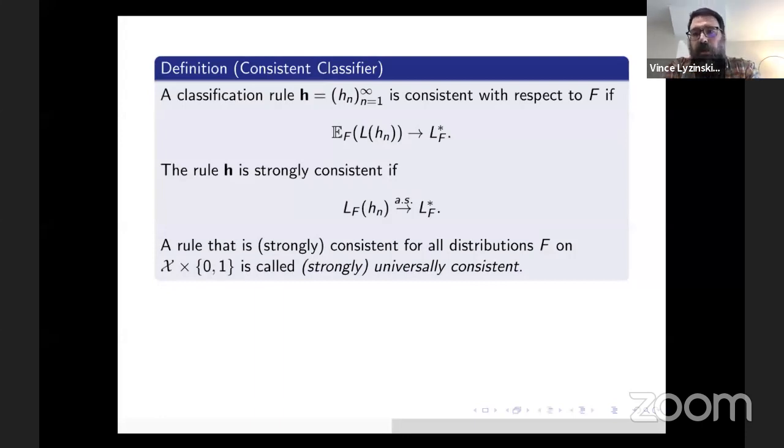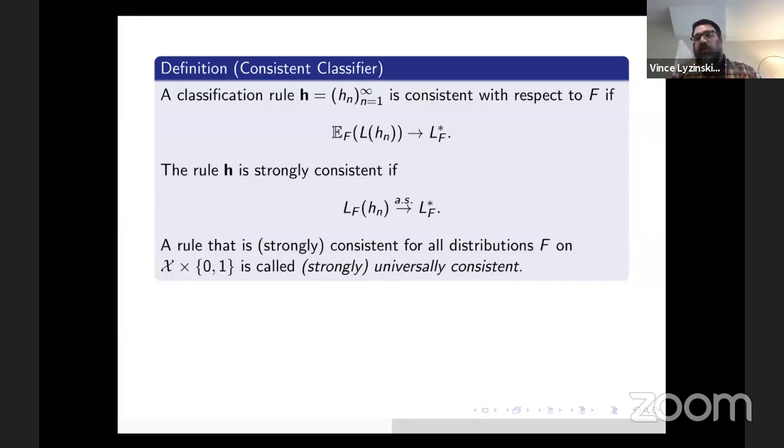And once you have Bayes optimality, you can talk about notions of consistency. So a classification rule, or a sequence of classifiers, is consistent with respect to a distribution F if the loss function in expectation converges to Bayes error. And it's strongly consistent if the loss function almost surely converges to Bayes error. And a rule that's strongly consistent for all distributions F is called strongly universally consistent. Strongly is in parentheses because it can be just plain universally consistent as well.